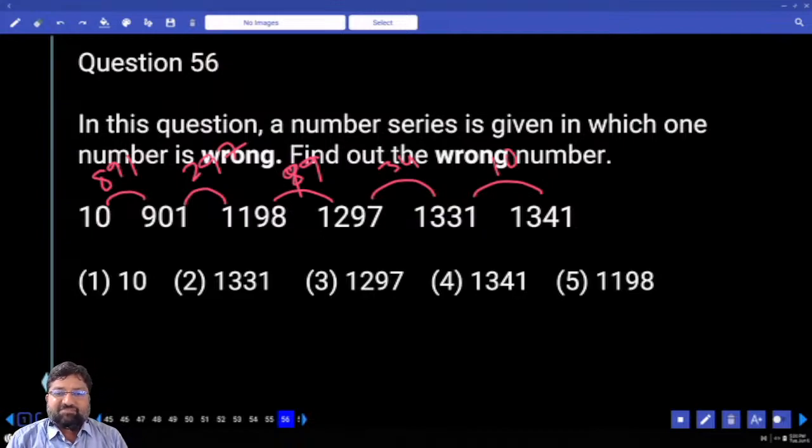With this, any guesses? First, the difference is how much? 10 and 901, what is the difference? 891. Next difference is how much?